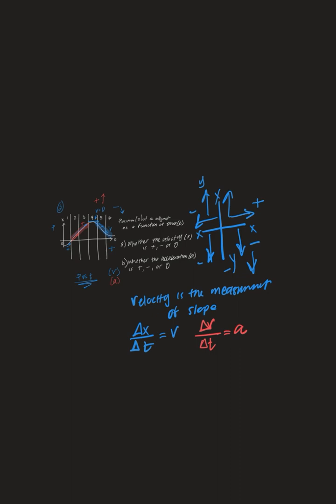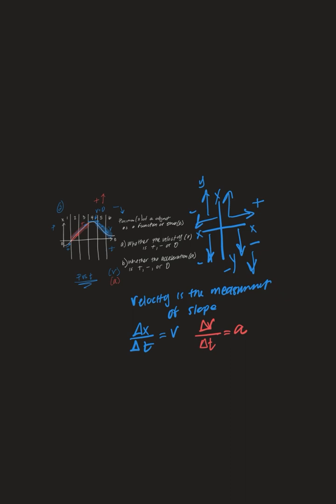So when we look at our options, the first one says, in region 1, the velocity is positive and the acceleration is negative. Meanwhile, in region 5, the velocity is negative and the acceleration is positive.